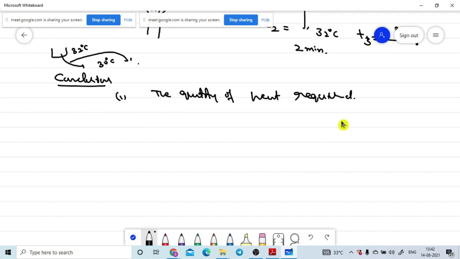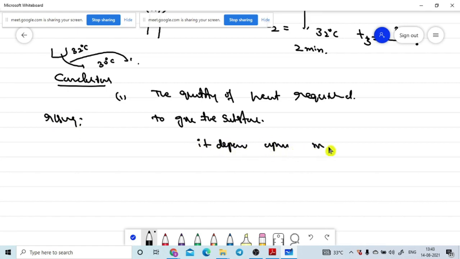So the quantity of heat required to give the substance, and here I am taking the rising case only, depends upon the mass of the system.